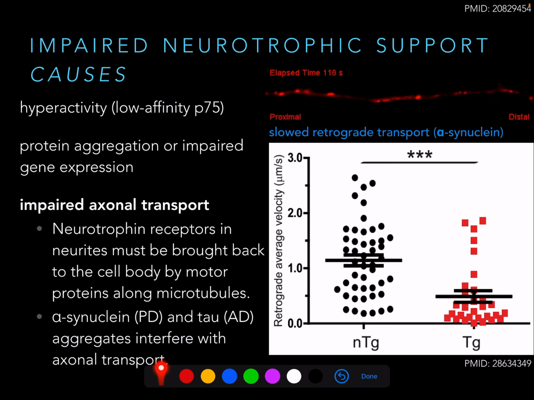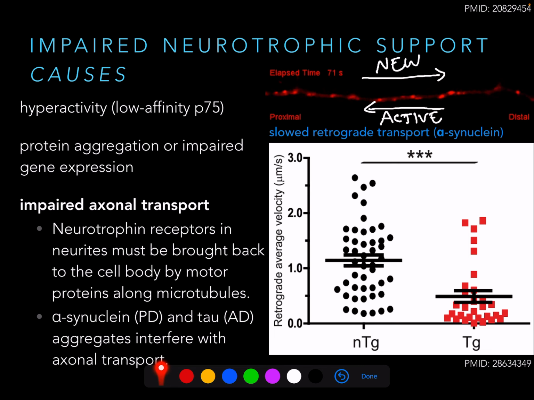So recall this from the last video. We got the red dots. Those are TRK receptors running on down the axon, and red dots are also coming back. So new TRK receptors are transported with anterograde, and the active TRK receptors are brought back to the nucleus to keep the neuron alive by retrograde axonal transport.